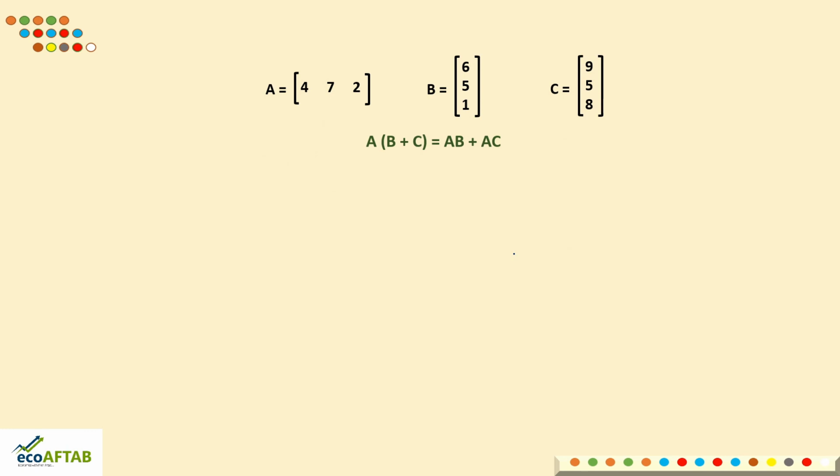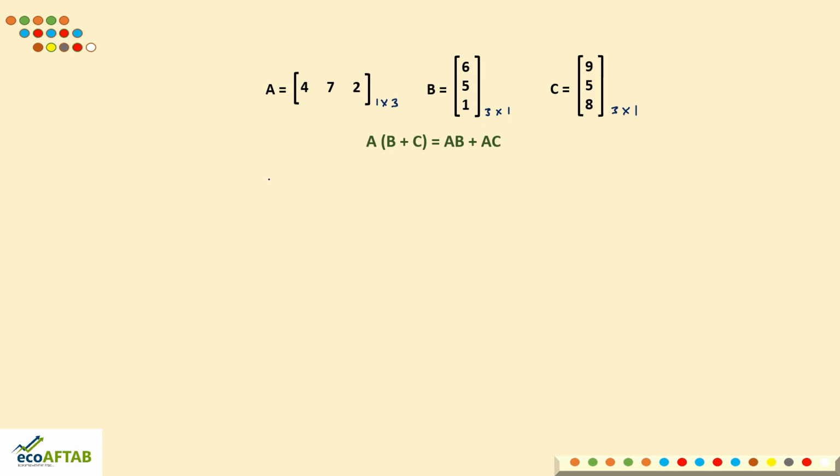Again, we need to first find out the conformability. As you know, A has one row and three columns. B has three rows and one column. C also has three rows and one column. We are multiplying A with the B plus C matrix.